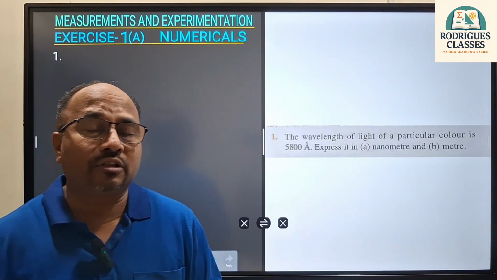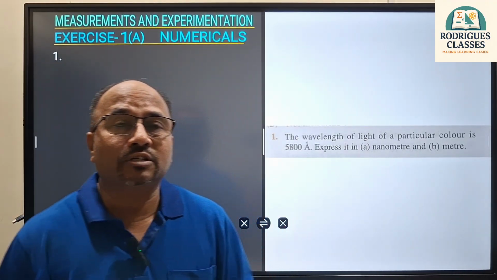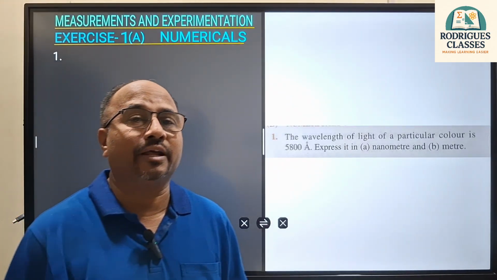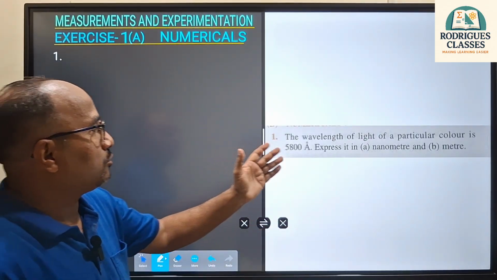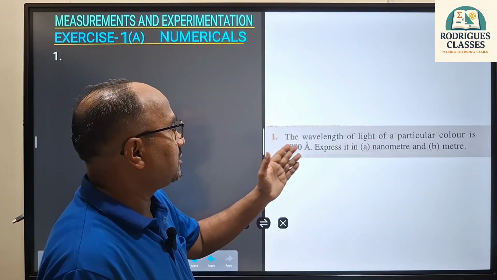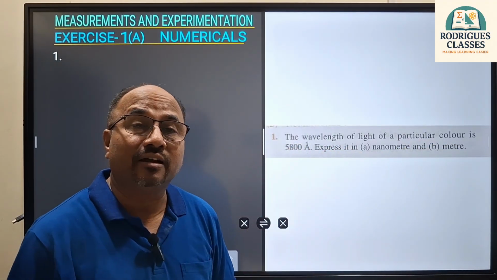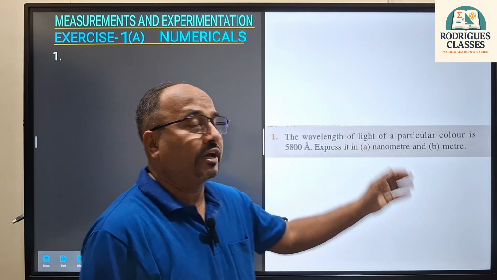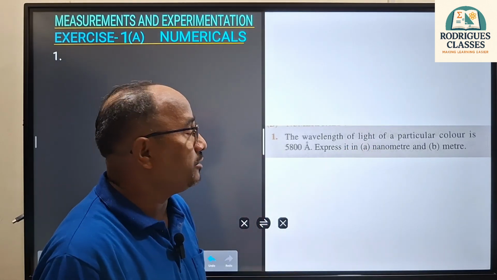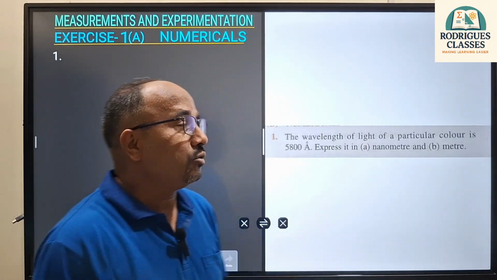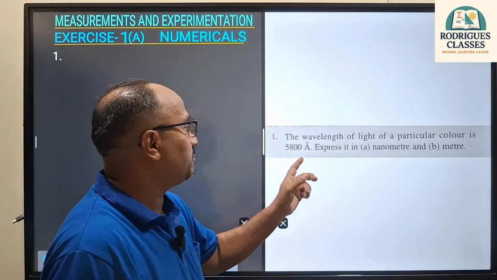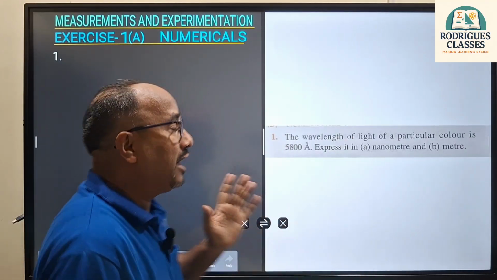We will be starting with the first exercise of this measurement and experimentation. So let us take a look at question number 1. It says that the wavelength of light of a particular color is 5800 angstrom, and we have to express it in terms of nanometer and meter. So we know that the relationship between angstrom and nanometer has to be known.